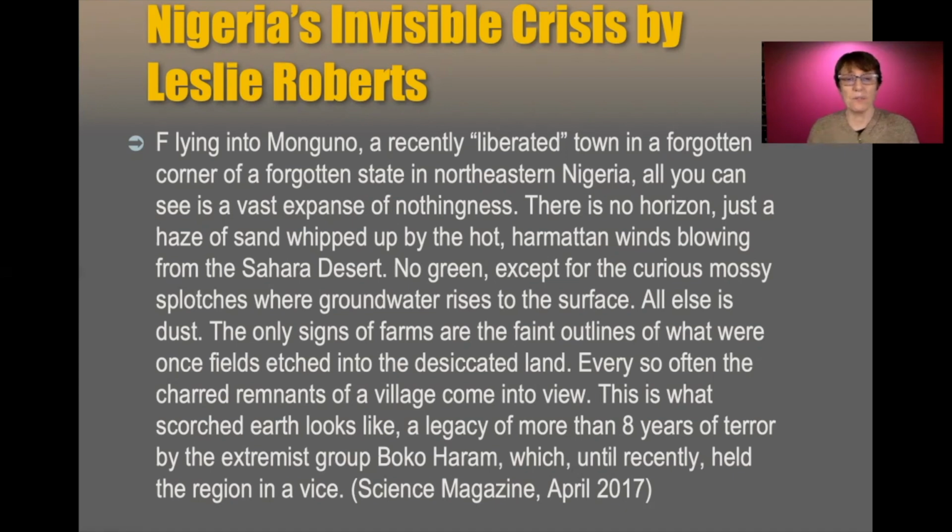So what Boko Haram does is go into a region, they kill all the men, they destroy all the farms, the houses, they burn everything to the ground, and they kidnap the women and children. They force the women into marriages. They convert the boys into Boko Haram warriors. And Boko Haram means Western education is a sin.